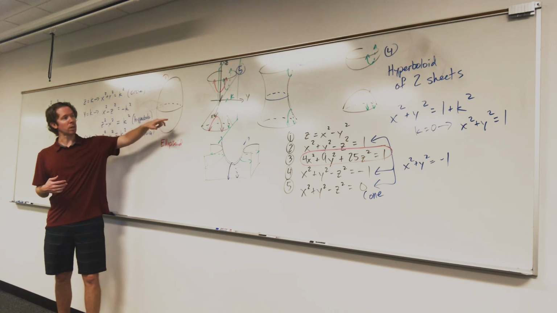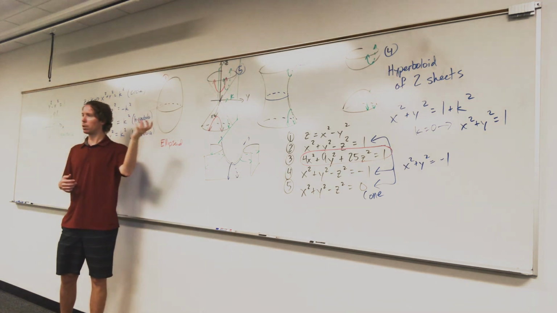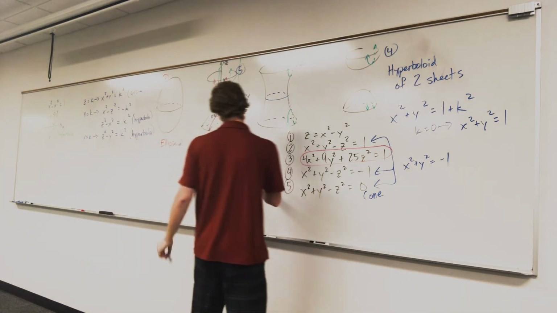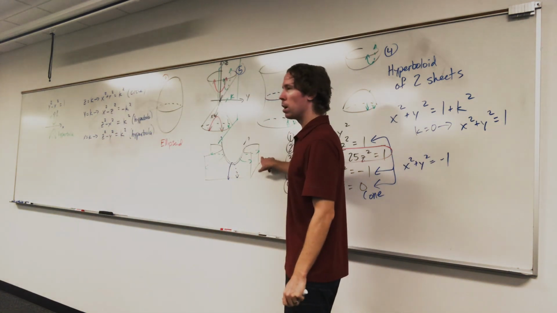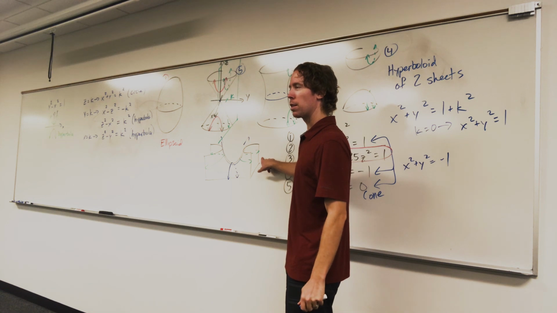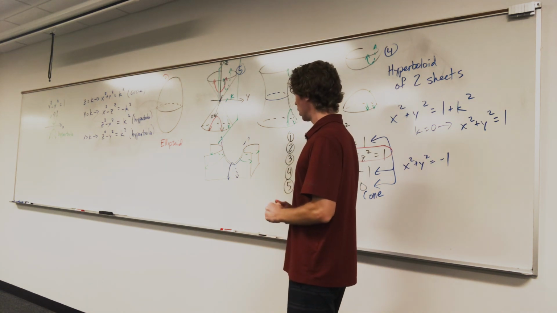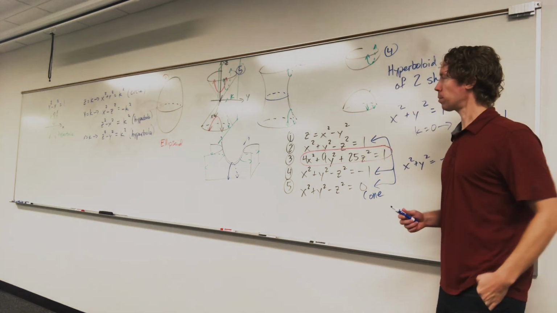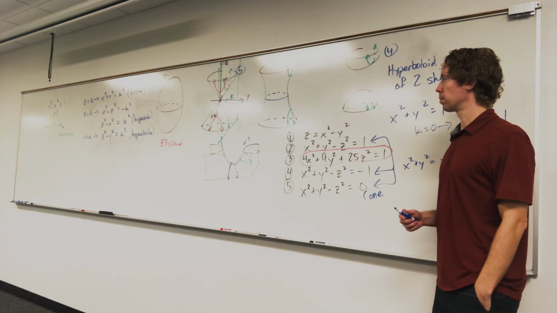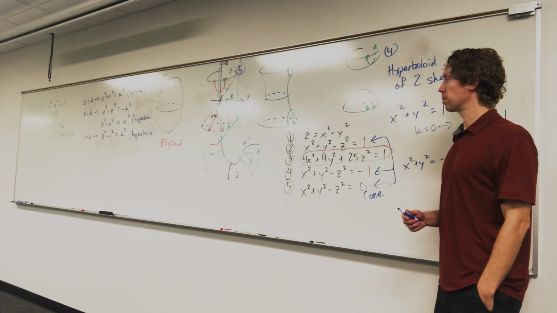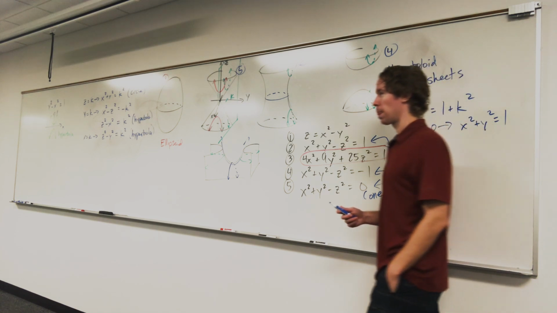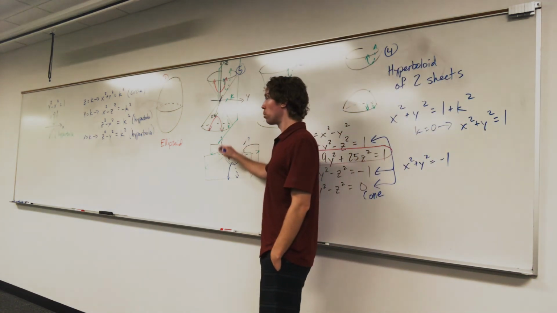So here's 5, and then the one that we had before that was the cup. That was the other kind of paraboloid. Oh, I didn't ask you about this name. What do you think is the name of this one? We have 2 parabolas.